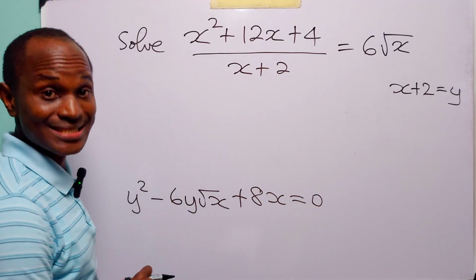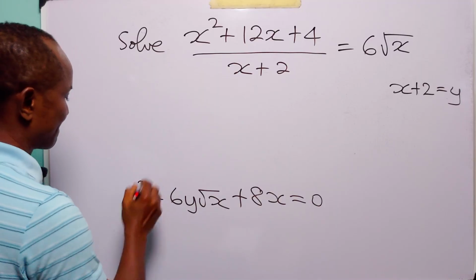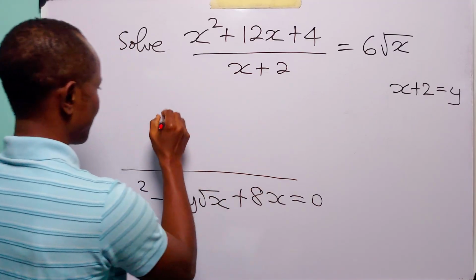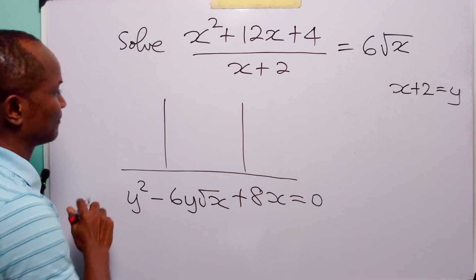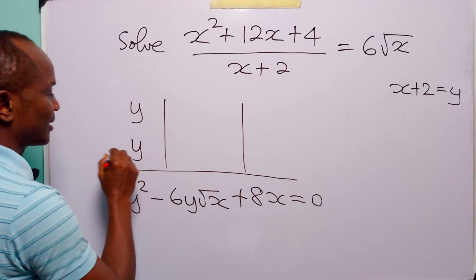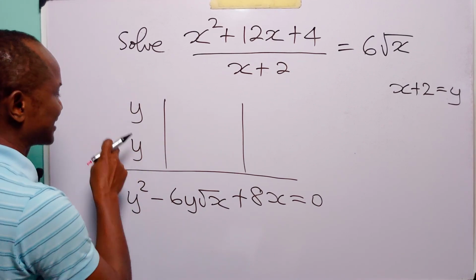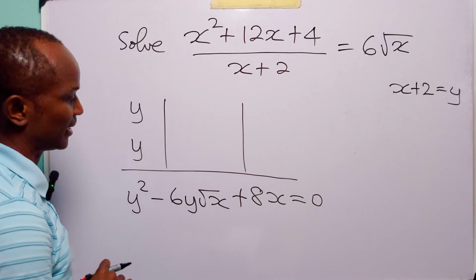Now let us factorize this equation using the table method. The factors of y squared are y and y, because of course y times y is equal to y squared.